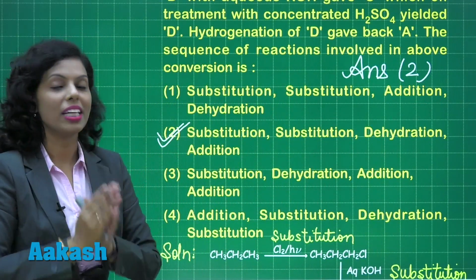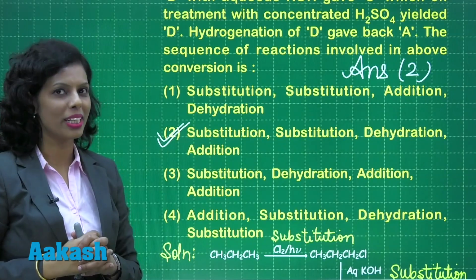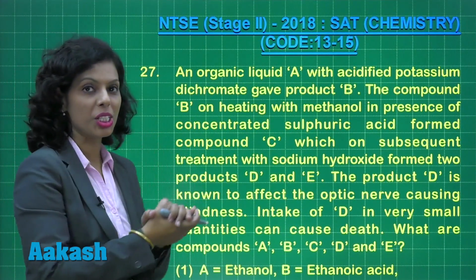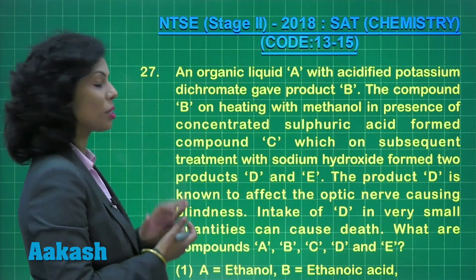Now after this we have the next question also, that is question number 27. Let's move towards that. Now we are here with the last question of the chemistry section, and this is question number 27.